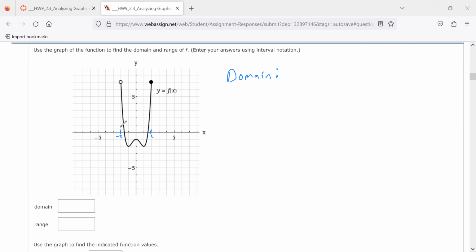So now, it says to write it in interval notation. So we have to decide, do we put a parentheses or a bracket on the -2? Do you remember the requirements?